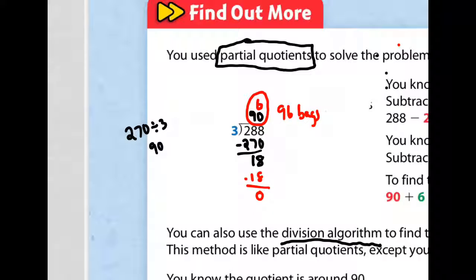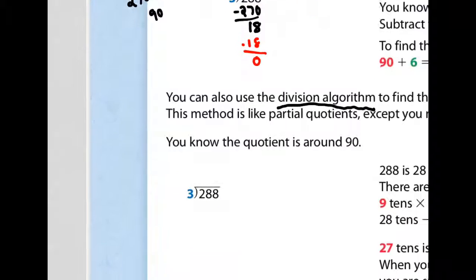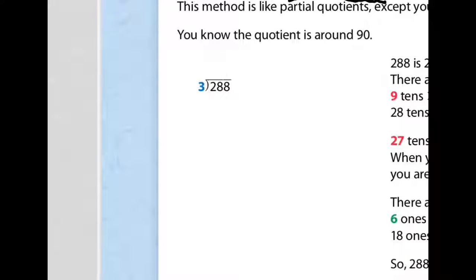And some people really like doing division that way. All right, so now, in the traditional algorithm, which is kind of what most of you have probably learned, this is what you do. You put 3, it doesn't go into the 200s, but it can go into the 28 tens. That's 200s and 8 tens.